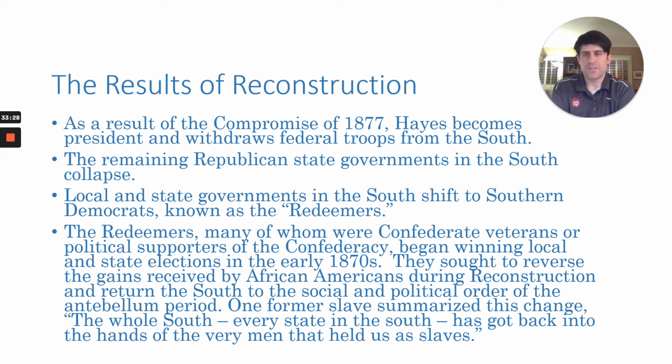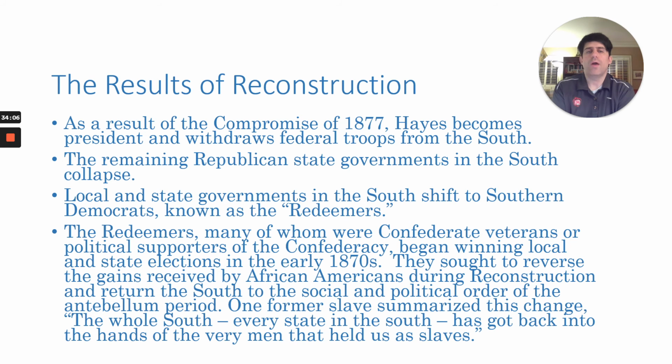Hayes becomes president as he winds up getting the 19 electoral votes from those 3 southern states that I mentioned, Florida, Louisiana, and South Carolina, plus the Oregon vote, and he winds up winning the Electoral College vote over Tilden 185 to 184, narrowly claiming the presidency in 1876 and early 1877. I mentioned earlier that Tilden won the popular vote quite handily during this campaign.